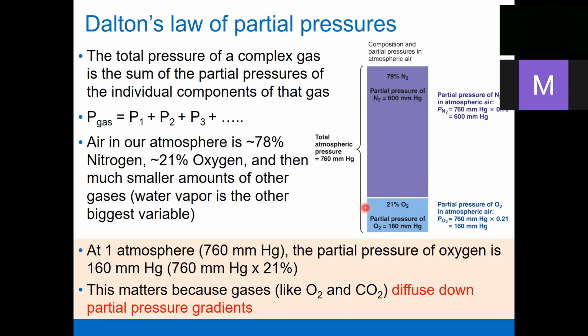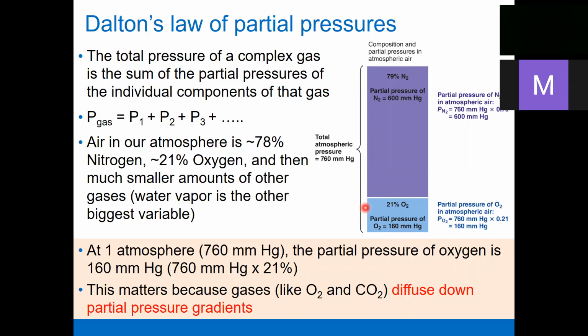includes nitrogen, 21 percent is oxygen, and the rest of the air includes other gases. But the two most important gases in our atmospheric air are nitrogen and oxygen.